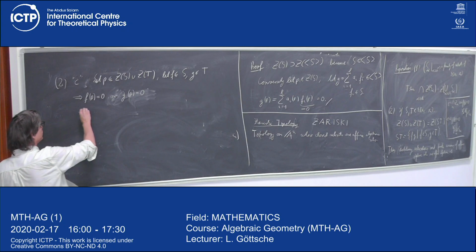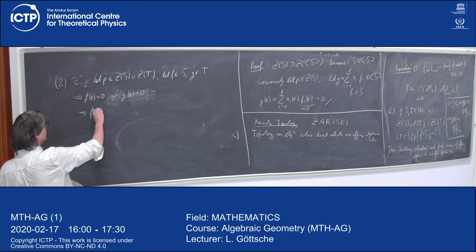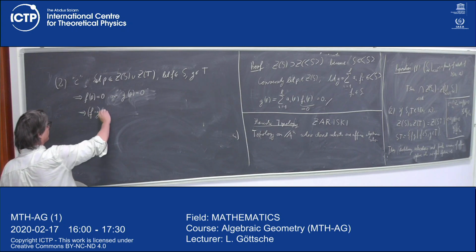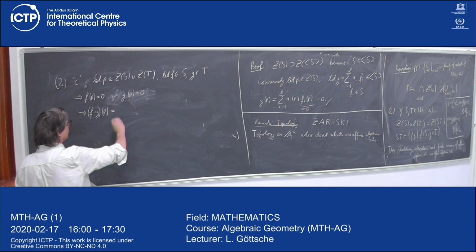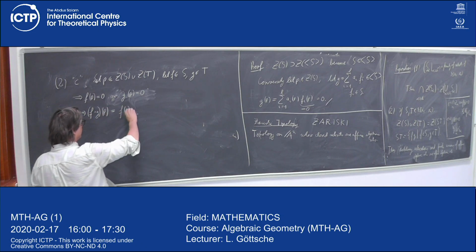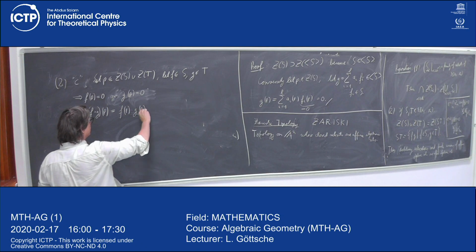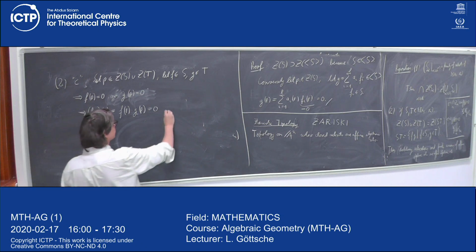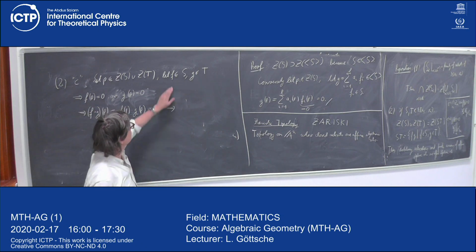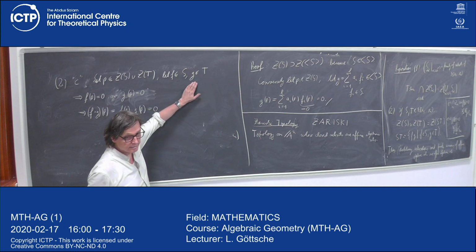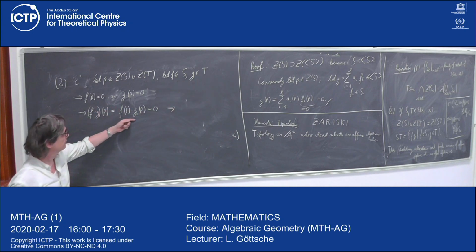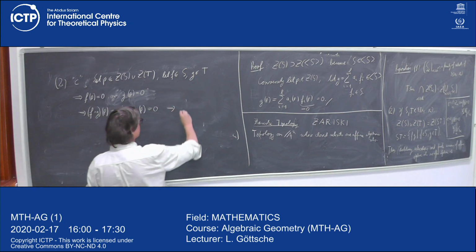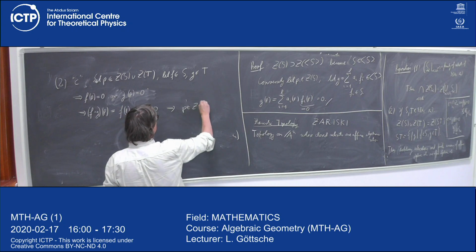So thus if I take F times G and evaluate at P, this is just F of P times G of P, which is equal to 0, because one of the factors is 0. And so this is true for any F in S and any G in T, and for any product we get 0, so it means that P is in the zero set of ST.